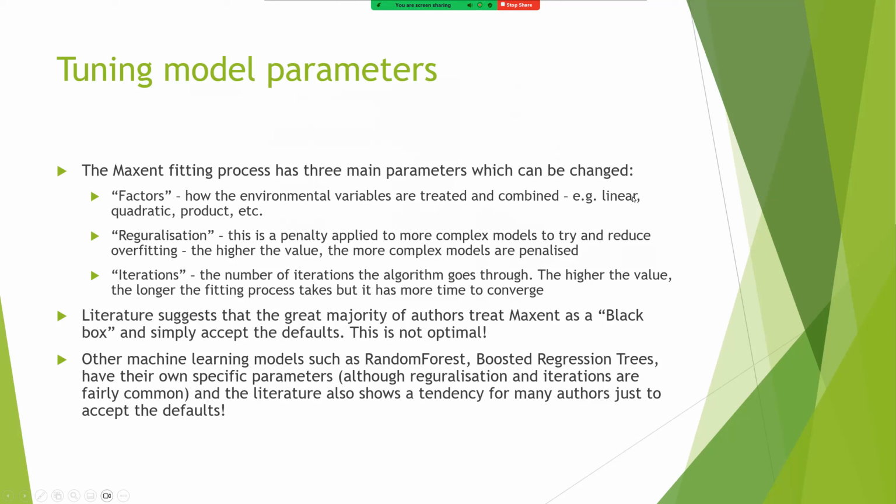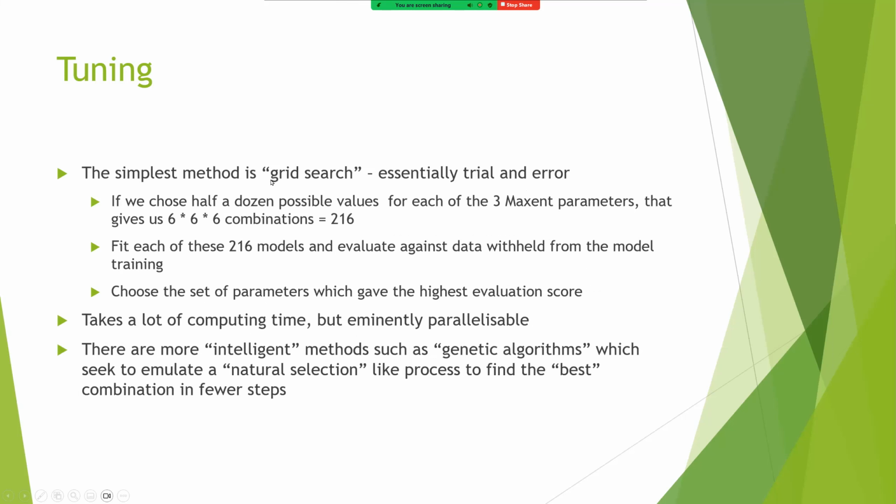You can have a linear relationship between the environment and what goes into Maxent modeling. You can have a quadratic relationship, put in squares and so on. You can have a product relationship, so you can multiply together pairs of environmental variables to look at interactions. And there are others as well, as we'll see.